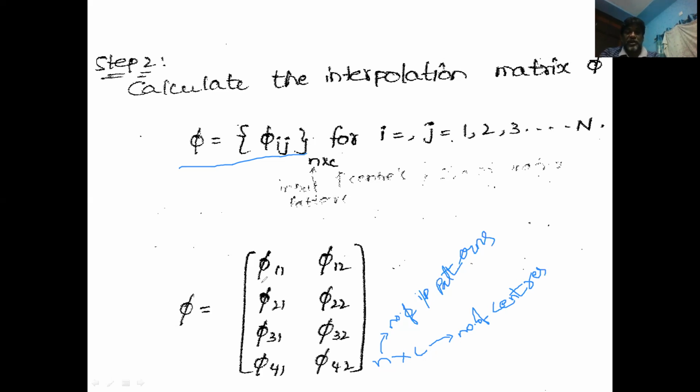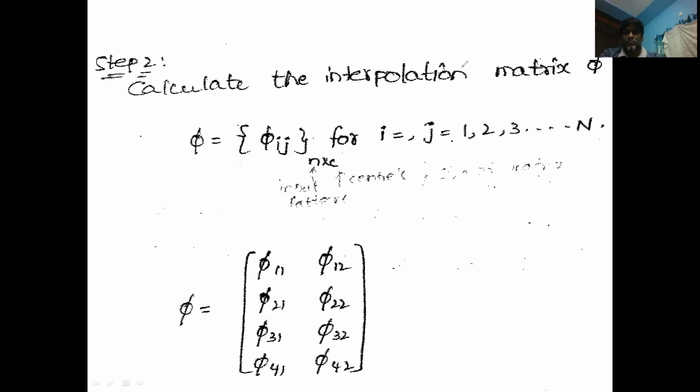Therefore it becomes a 4 by 2 matrix, because we have 4 input patterns: 4 rows and 2 columns. So phi 1 1, phi 1 2, phi 2 1, phi 2 2, phi 3 1, phi 3 2, phi 4 1, and phi 4 2. This is how we identify the size of the interpolation matrix.